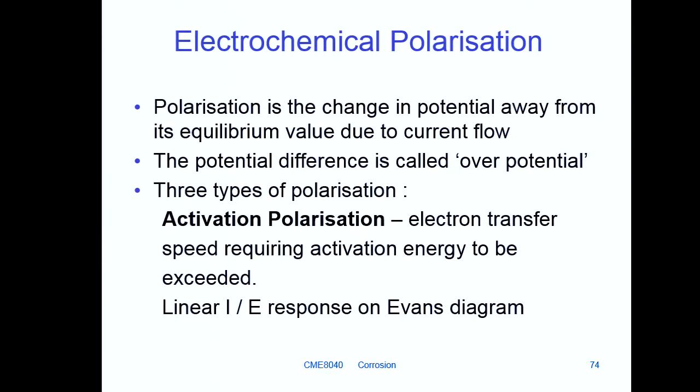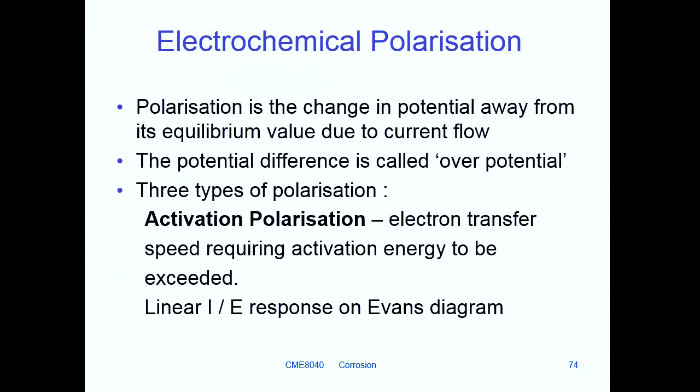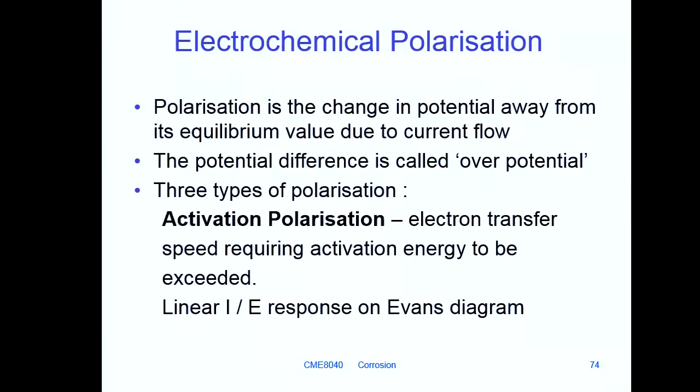So that initial little drop is your eta value related to the activation energy, the amount of overvoltage you need to apply to get the electron transfer to occur. So it's a thermodynamic value. The result is on an Evans diagram, which is what a potential current plot is, you get a linear response after you've got over that initial energy kickstart to the process.